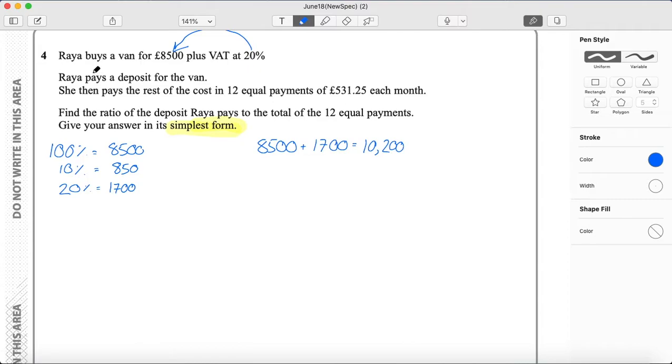We know Rhea pays a deposit for the van, and then she pays the rest of the cost in 12 equal payments of 531.25.